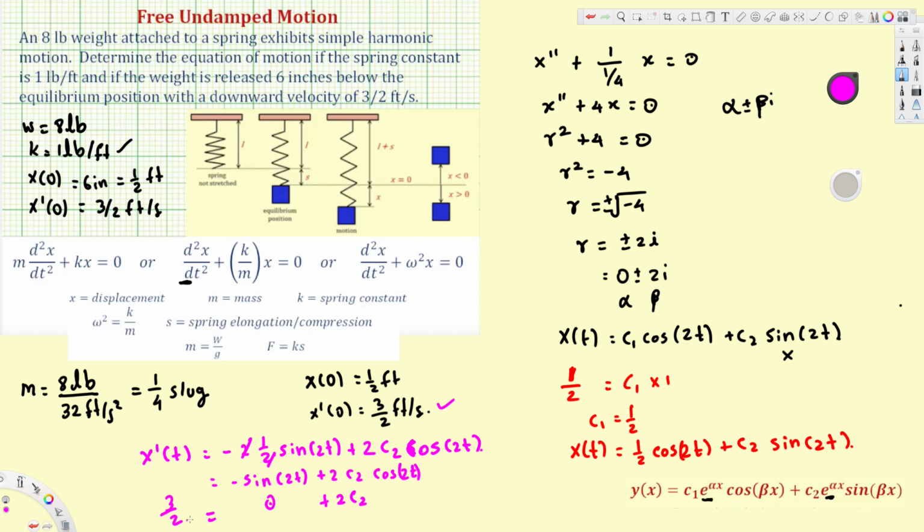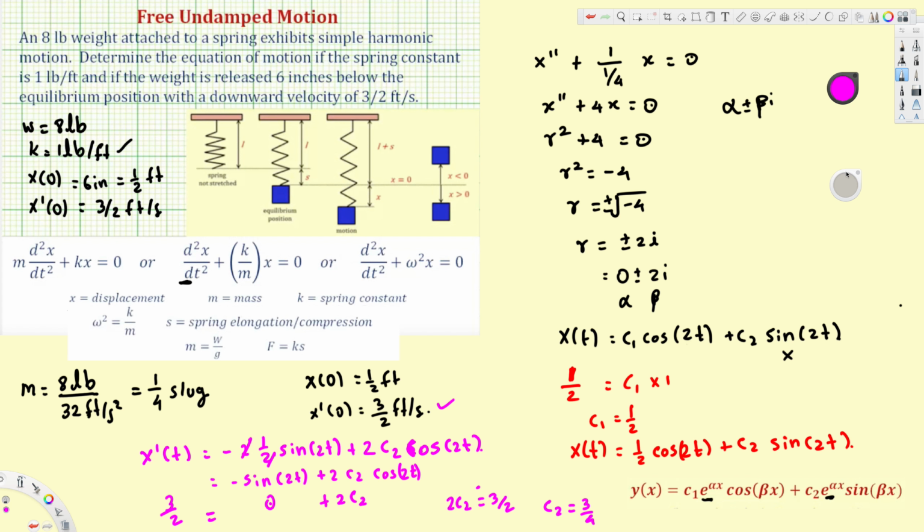So 2c2 is equal to 3/2, therefore c2 is going to be 3/4. 3/4 is going to be our c2 value. c2 is equal to 3/4.